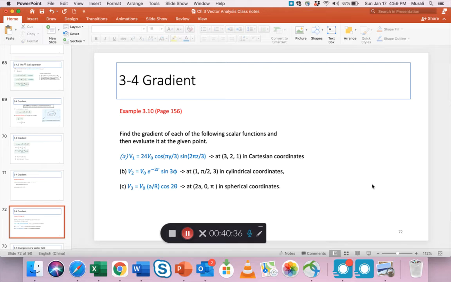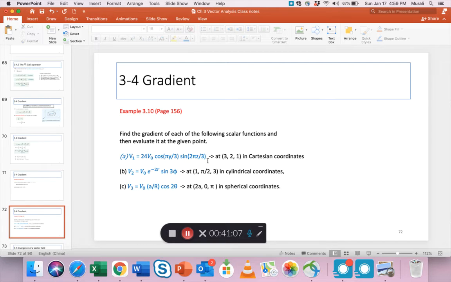Moving on to slide 72, which is also an example from the textbook, where we have to find gradient, right? And you know the formula for the gradient, we just talked about it, which is just del t or del of whatever is given. This is on page 156 of your textbook. Find the gradient for each of these v's at a certain point, right?